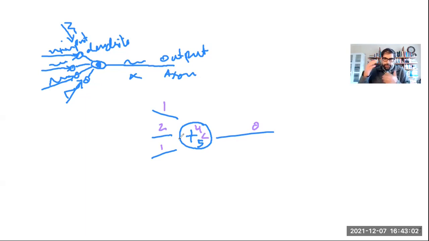What it does is just add them all up and see whether the sum is greater than some threshold or not. If the sum is equal or greater than the threshold, then the artificial neuron fires and produces an output of 1. Otherwise, if the sum is less than the threshold, there's no output, or an output of 0.